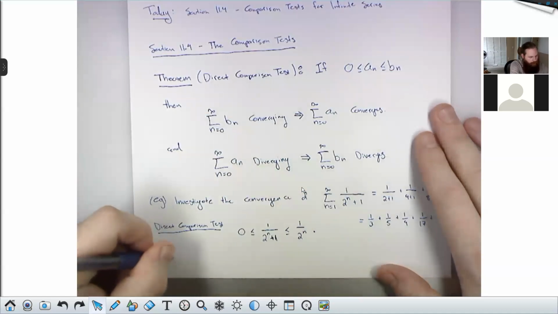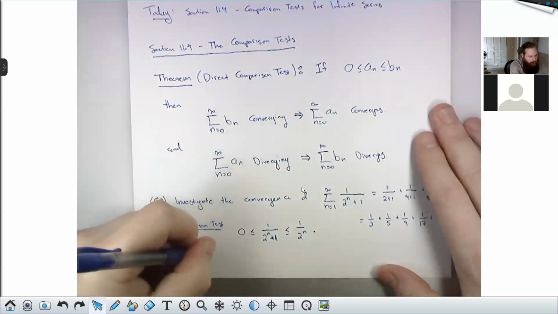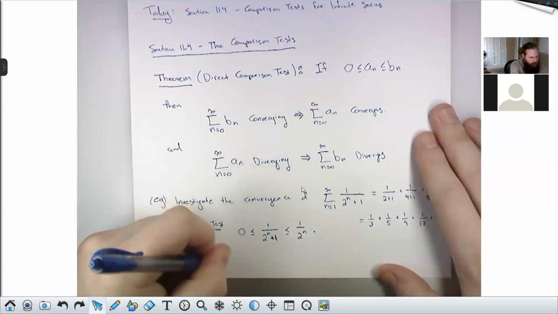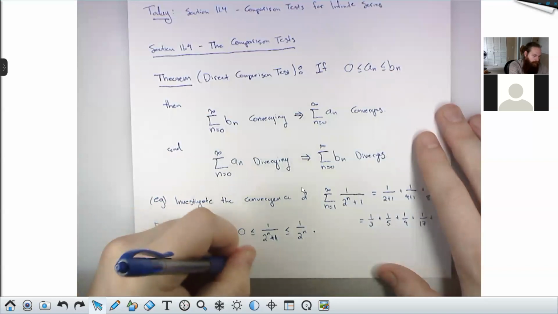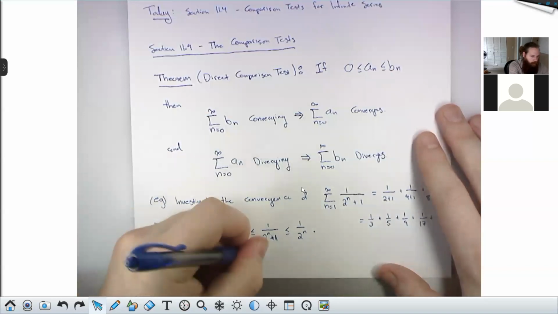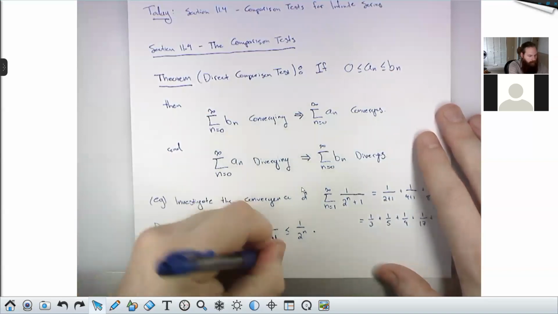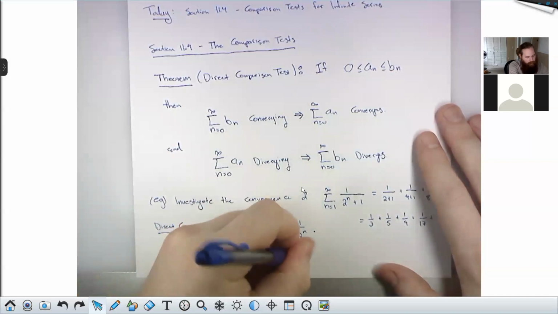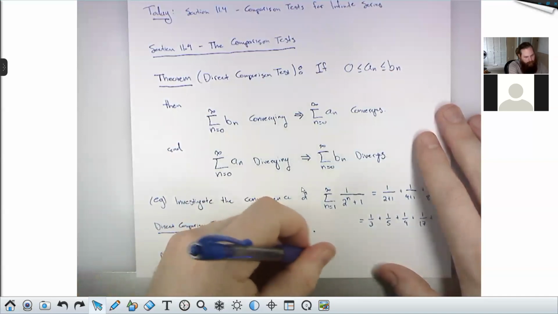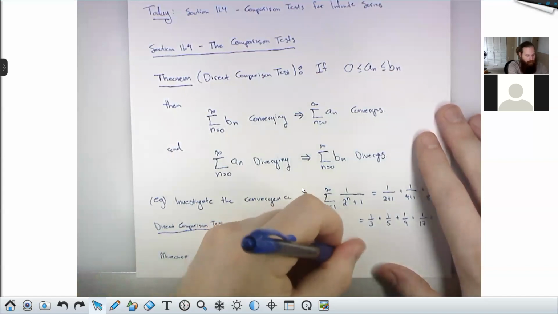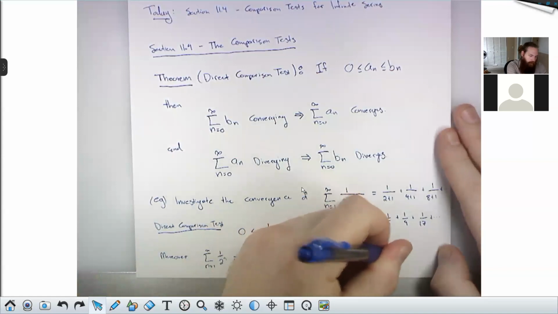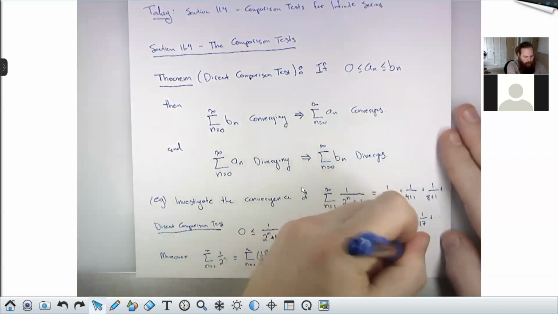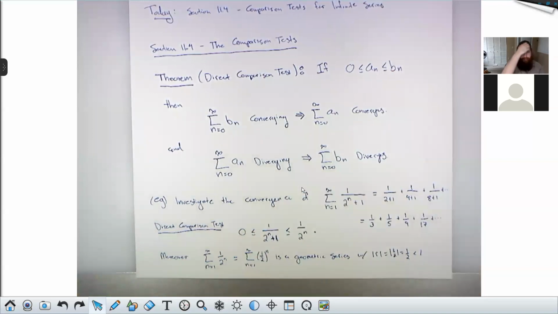Moreover, sigma n from 1 to infinity of 1 over 2 to the n, which is the same as sigma n from 1 to infinity of (1/2) to the n, is a geometric series with absolute value of r being the absolute value of 1/2, which is 1/2, which is less than 1.